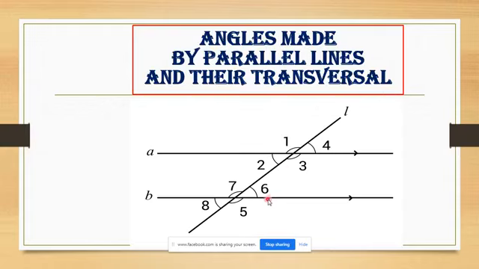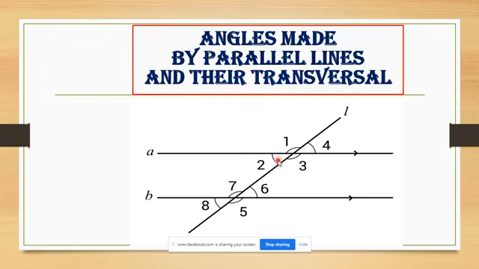As I have already told you, suppose these are two lines, line A and B are parallel and line L is their transversal. Now, you might already know what a transversal is. A transversal is nothing but a line intersecting the given parallel lines in two different points.